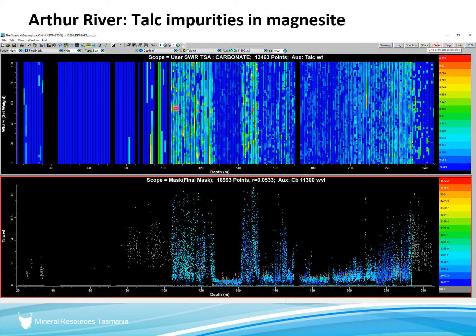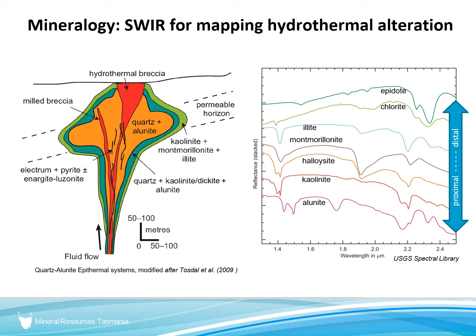Whereas in the zone just up the hole from that, there's a lot more talc in the sample. So this magnesite would be more difficult to process than the magnesite just below it. So trace mineral mapping can be a great application for hyperspectral geology.